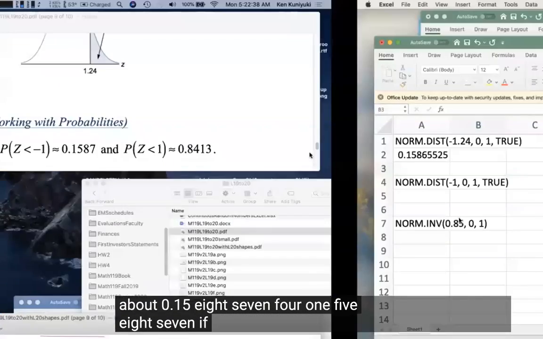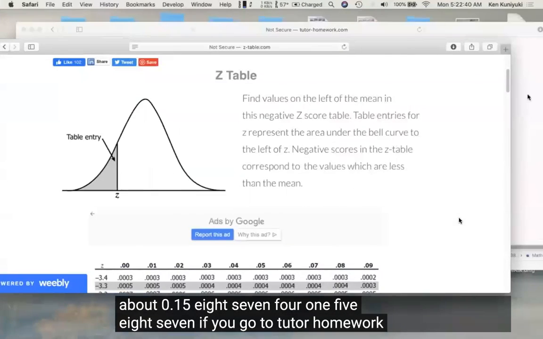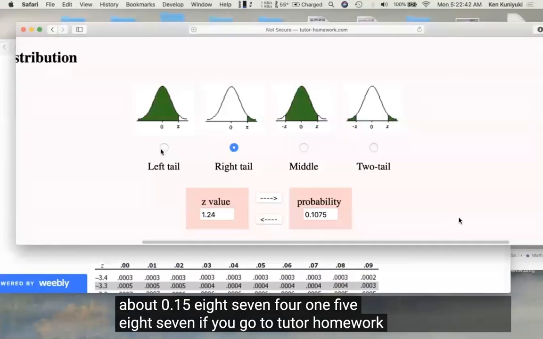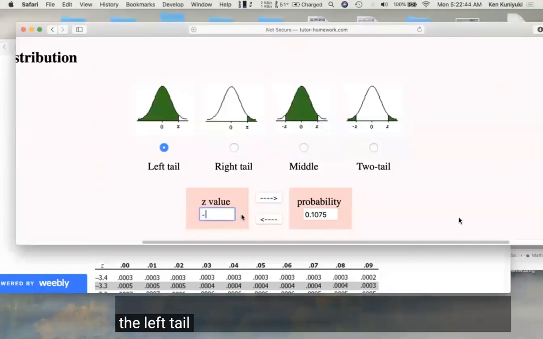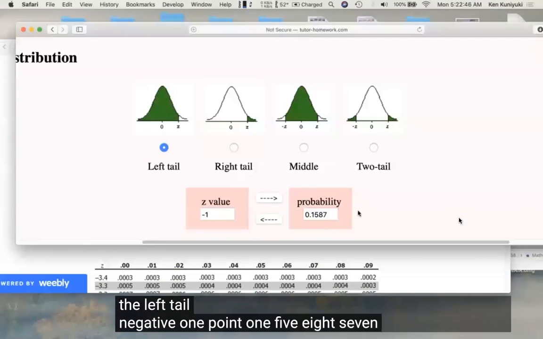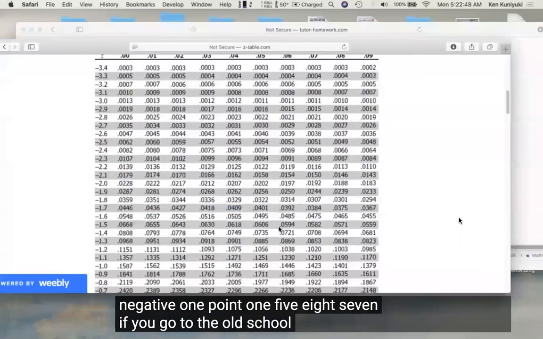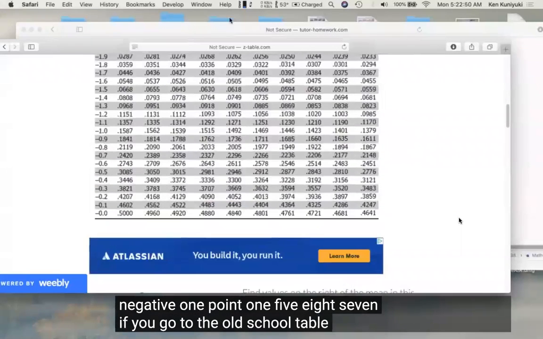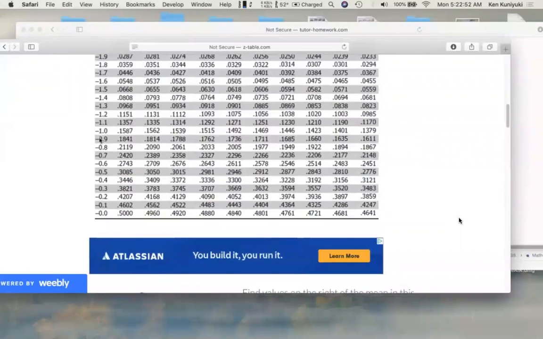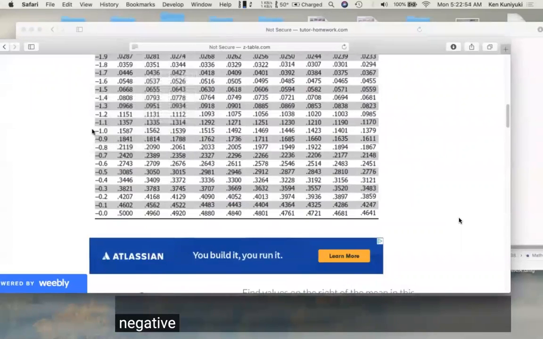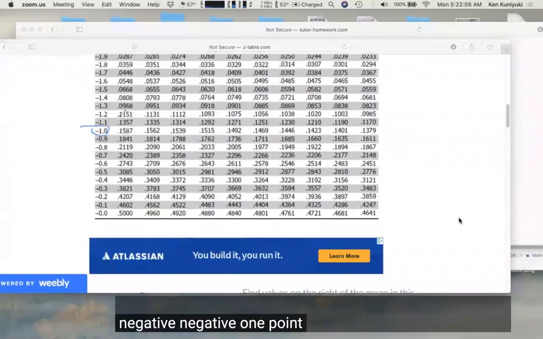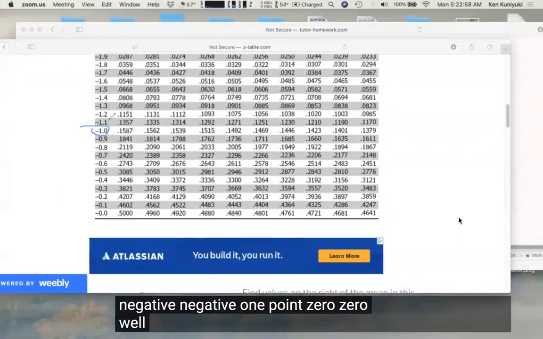If you go to tutorhomework, the left tail for -1, 0.1587. If you go to the old school table, negative 1.00, well, it's right here. It's the very first entry, 0.1587.